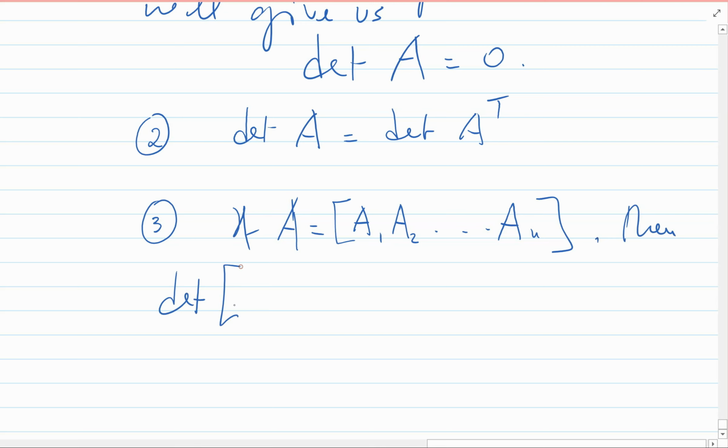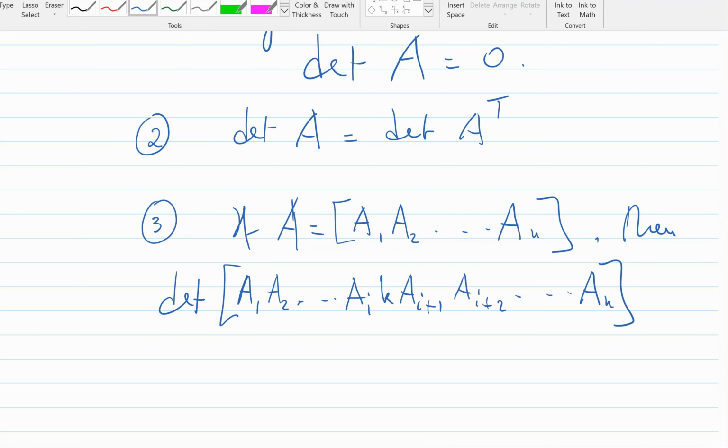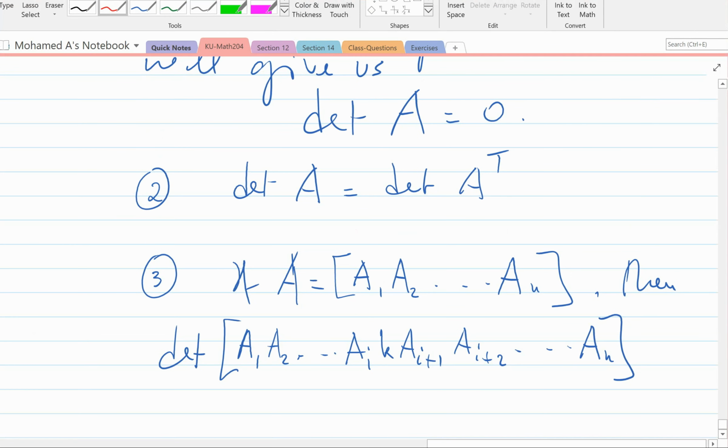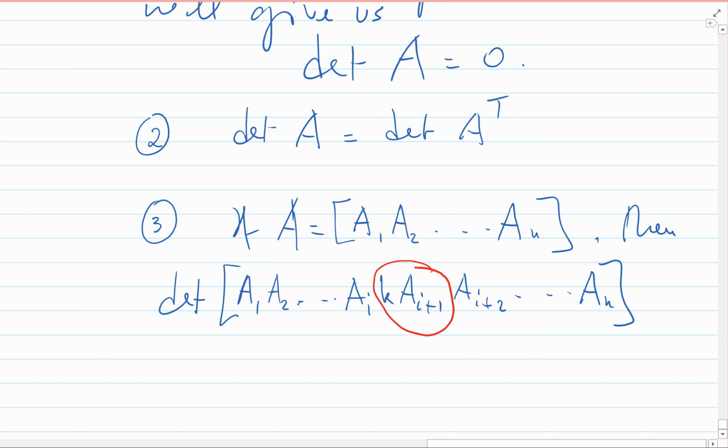So we have the matrix A1, A2, up to Ai, then Ai plus 1, Ai plus 2, etc. We take one column, Ai plus 1, and multiply that column by k.